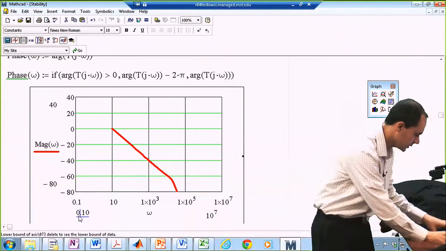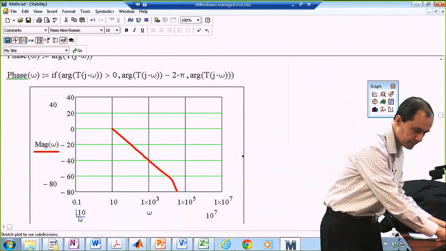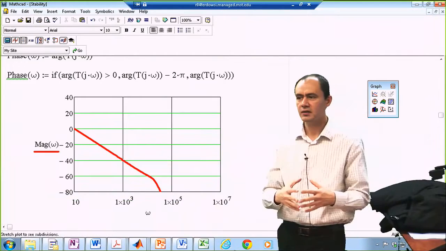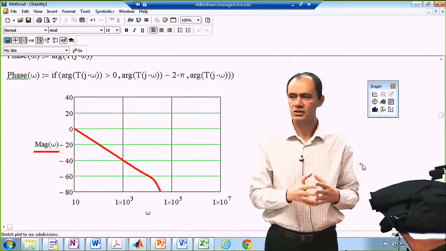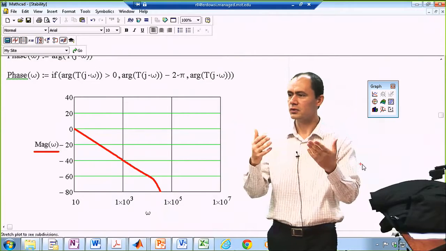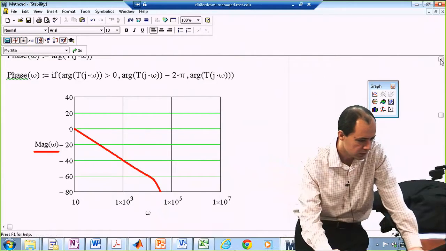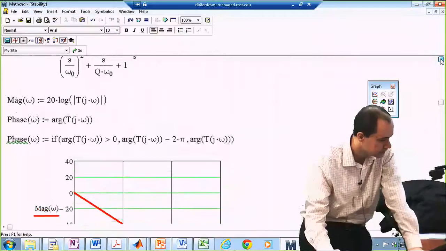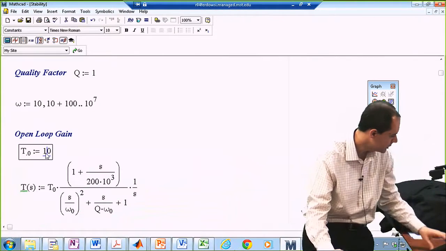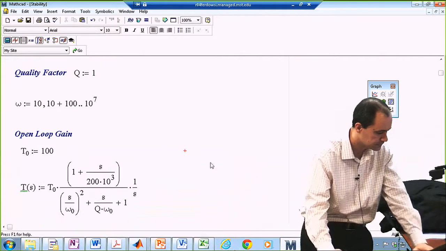For some reason, it didn't like it that way. Okay, so let's say you're happy with everything except for the sluggishness of the system. So you are trying to increase this again to increase your bandwidth. All right, so let me increase the gain one more time. So instead of 10, let me use 100.